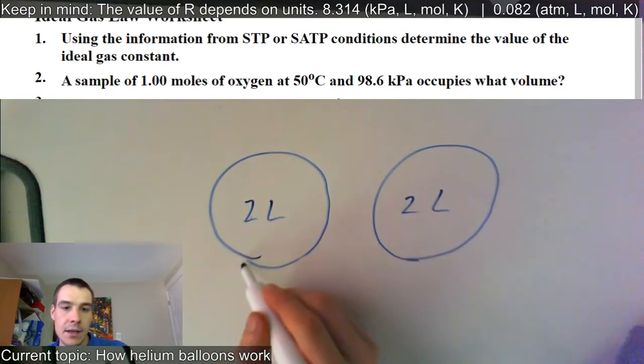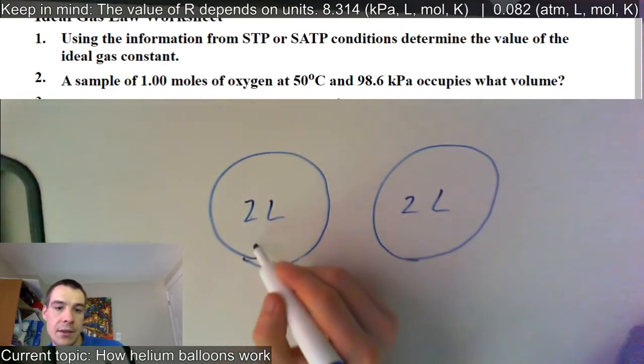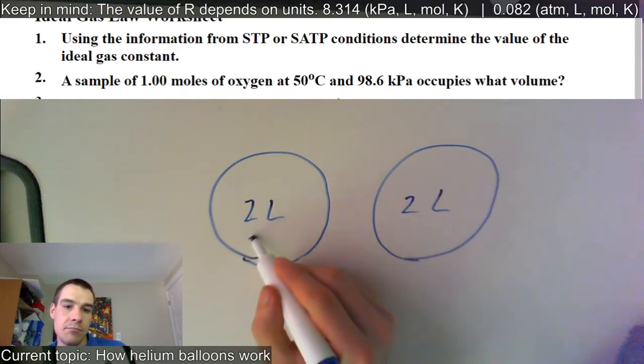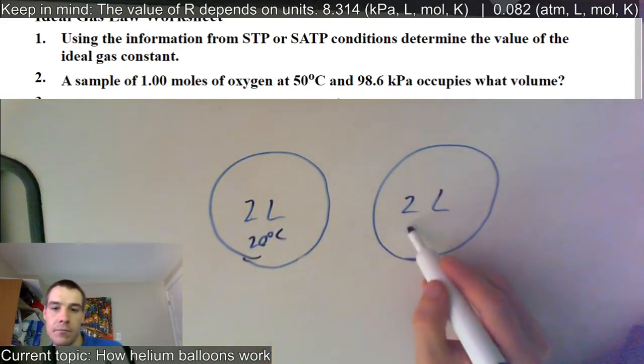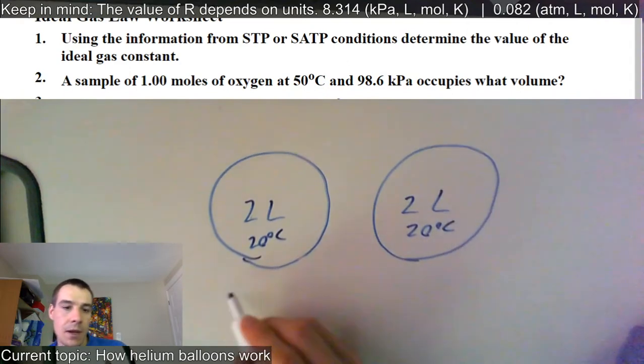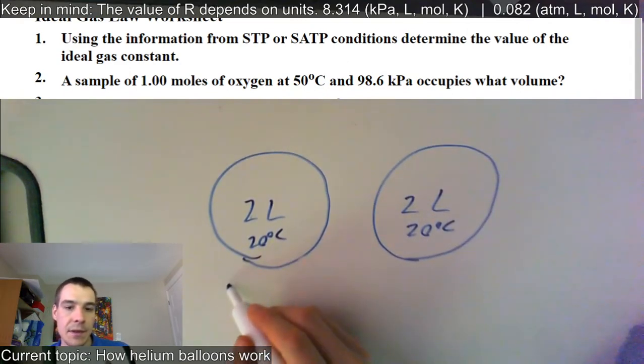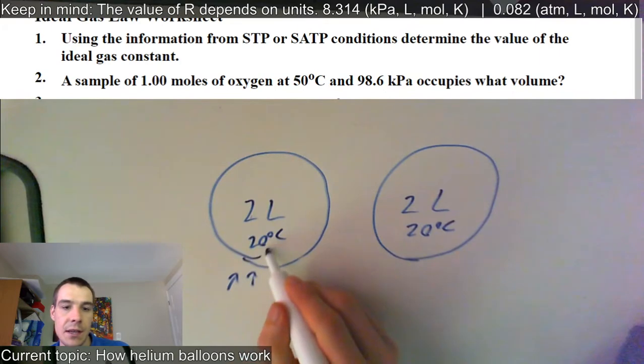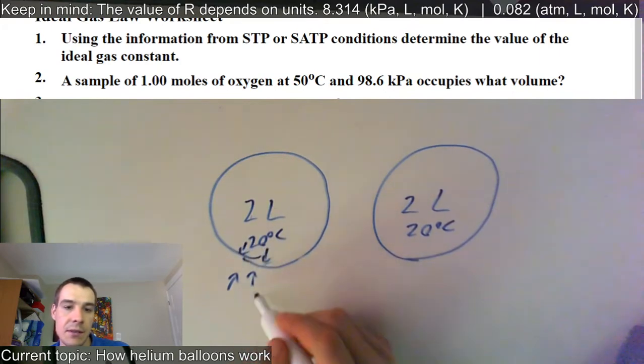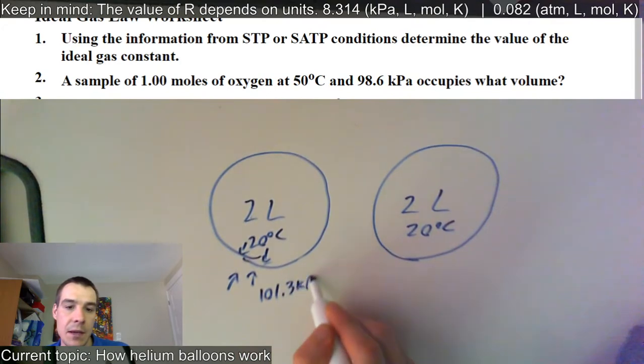Let's say they're both at 20 degrees Celsius. Right? And let's say it's just normal atmospheric pressure. The pressure inside and outside the balloon is going to be equal because it's a balloon, 101.3 kPa.